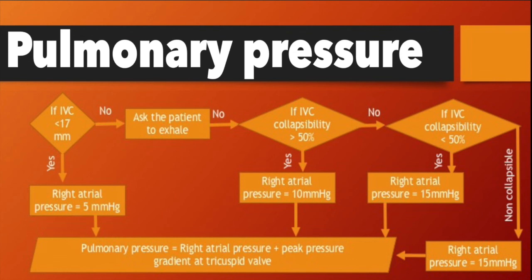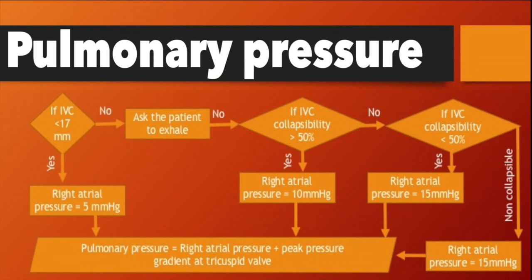If the collapsibility index of the inferior vena cava during exhalation was less than 50%, this means the right atrial pressure is about 15 mm mercury. If the inferior vena cava didn't collapse at all during exhalation, the right atrial pressure is considered to be about 15 millimeter mercury.